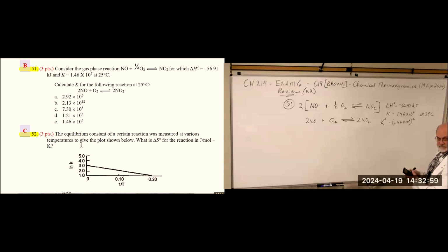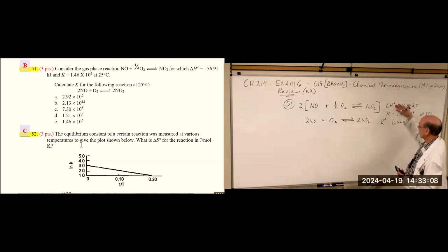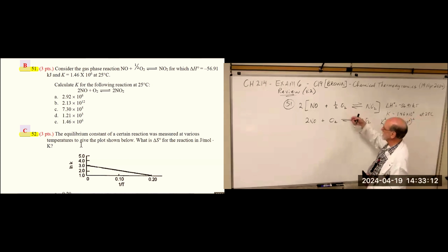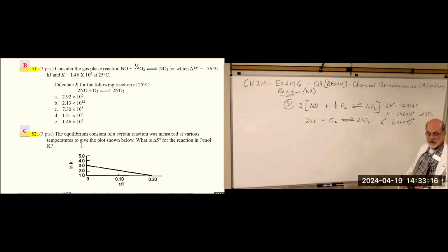It's like when you add equations together to get a final equation. The K's multiply times each other. So it's like we're adding one of these and one of these. So we have a K times a K, which is K squared. 1.46 exponent 6 and square it. So that should be equal to 2.13 times 10 to the 12.